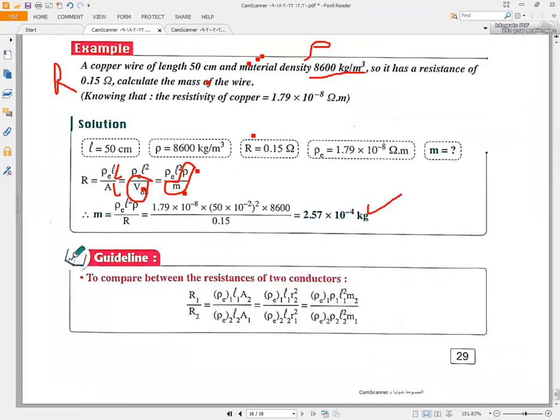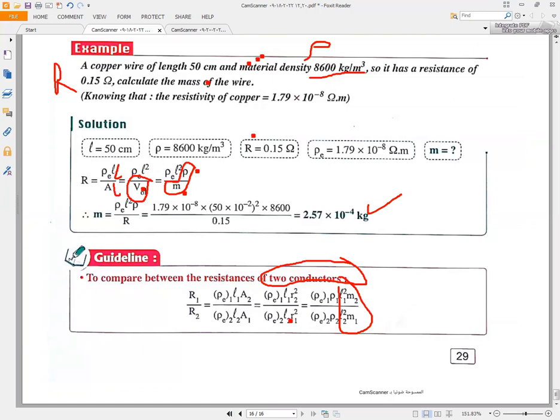This note is for comparing between two resistors of two conductors. If the two conductors are of the same material, then rho E equal rho E, and rho 1 equals rho 2. So the remaining part will be L1 power 2 M2 over L2 power 2 M1.